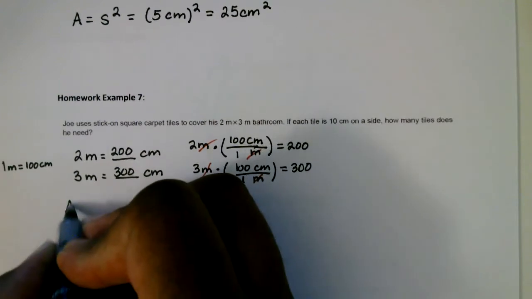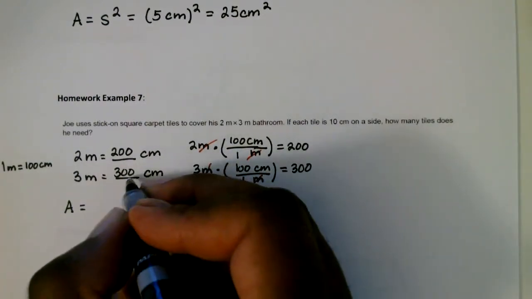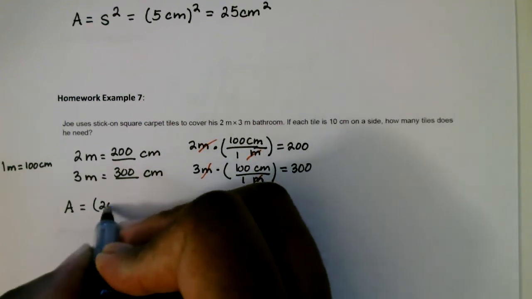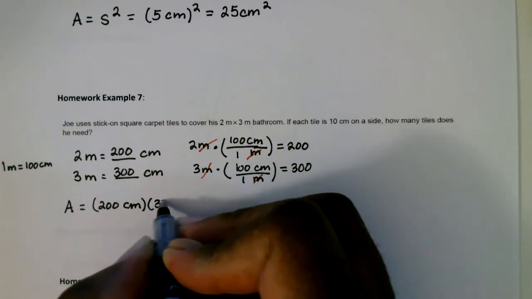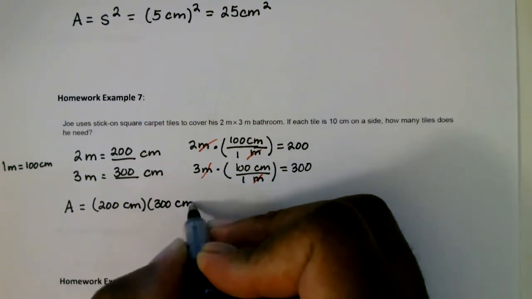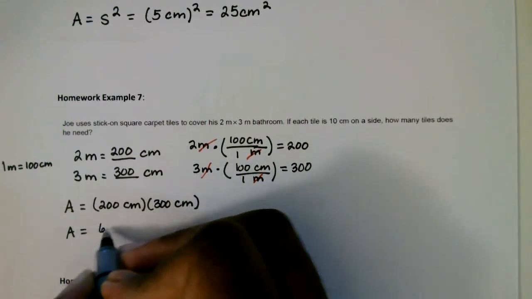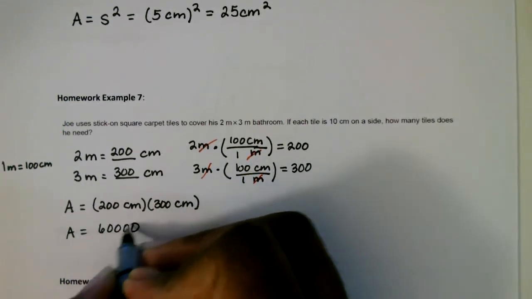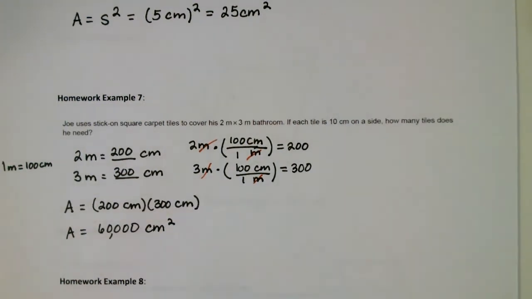So now to find the area in centimeters, we're going to do the length times the width. That's 200 centimeters times 300 centimeters. So that area will be 6 with 4 zeros. So that's 60,000 square centimeters.